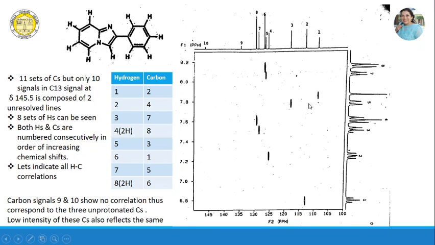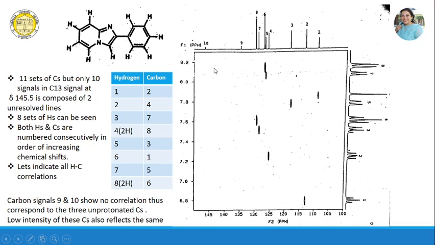Then proton 5 is joining and meeting signal 3 of carbon. Signal 6 of proton meets signal 1 of carbon. Signal 7 of proton meets signal 5 of carbon, and signal 8 meets signal 6 of carbon. Again, signal 8 of proton is for 2 protons, right?